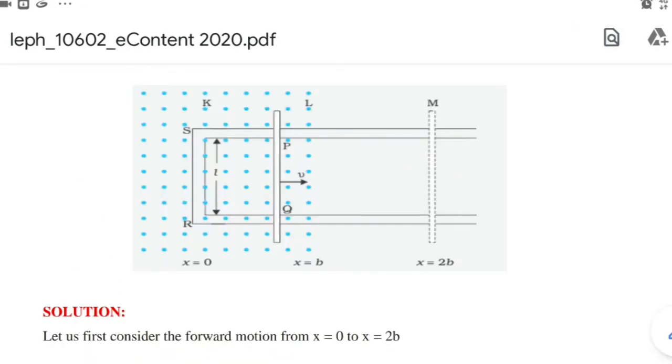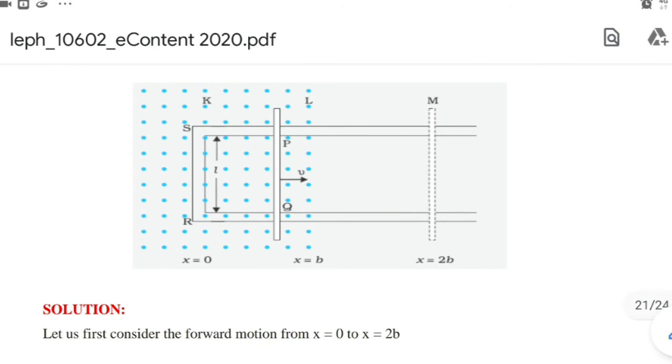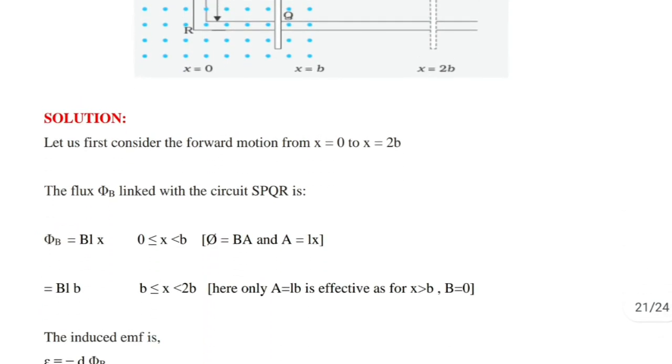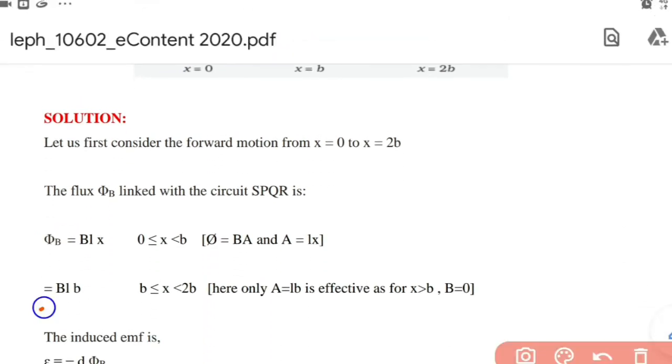So when we think about the backward motion, that means when the conductor is moved from x equal to 2b to b, as we stated, there is no change in magnetic field linked with the rectangular framework, and hence the expression for magnetic flux remains the same, BLb.